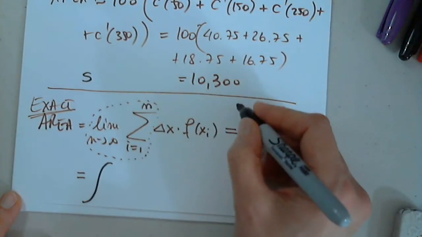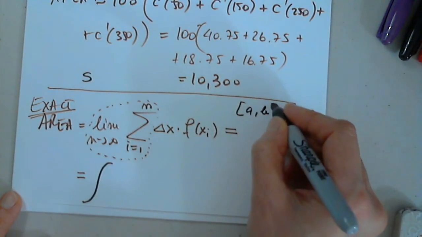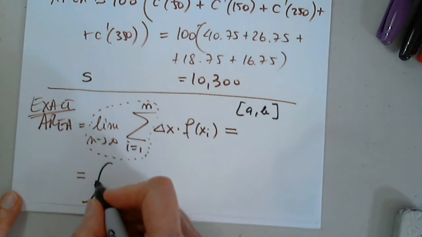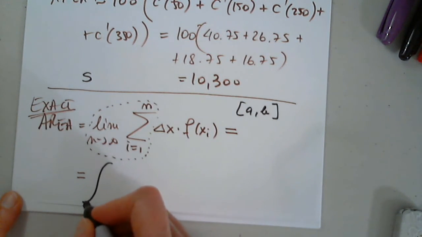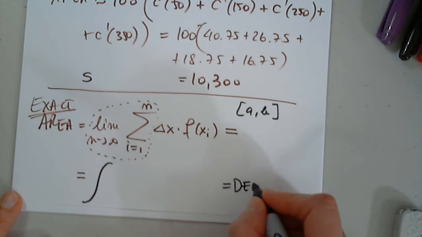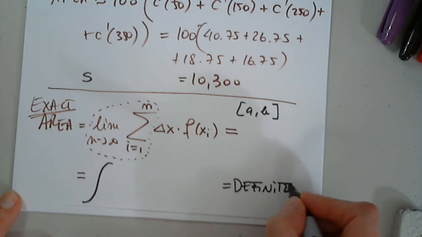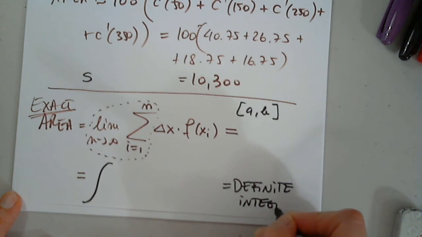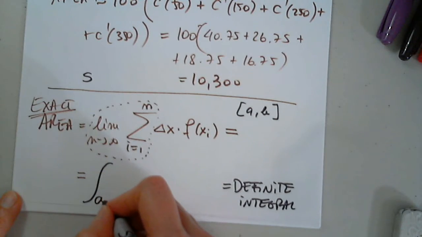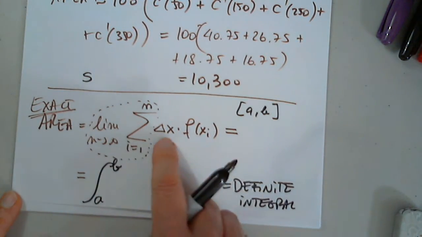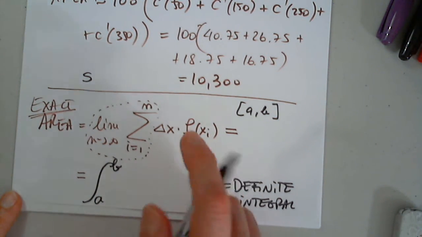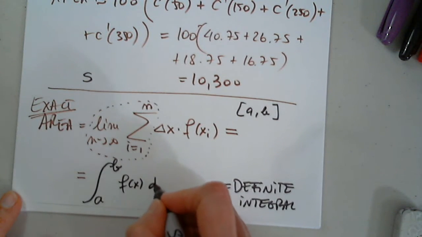We're going to call that interval a comma b. So it's the integral, and I will write definite integral from a to b, and this is the same, f of x dx.